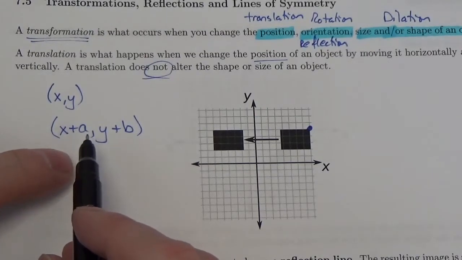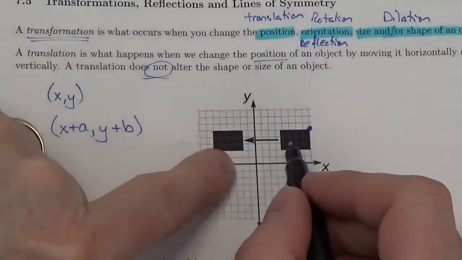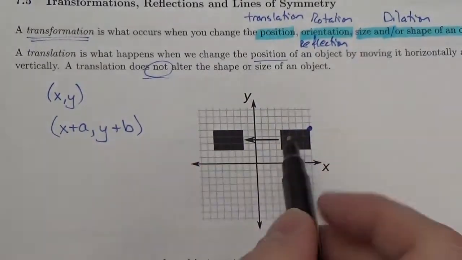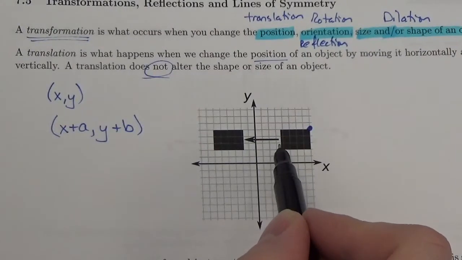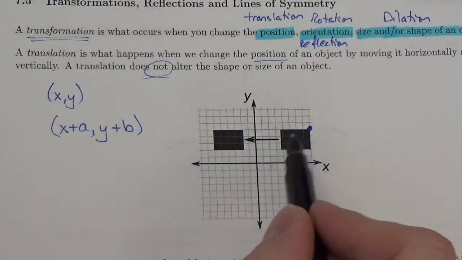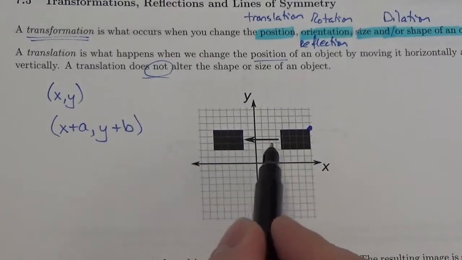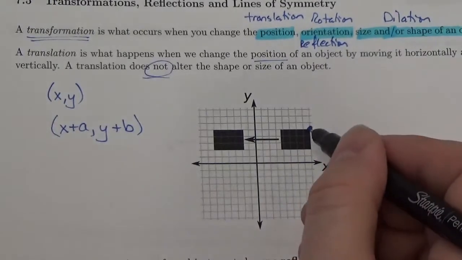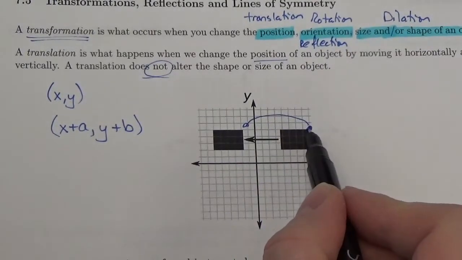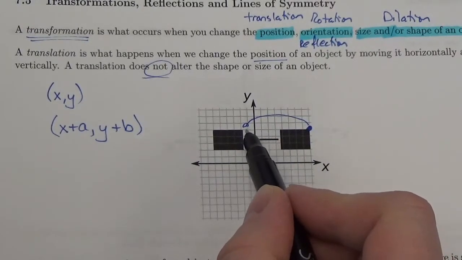Now, bear in mind here, a could be negative. So for example, in this situation, I want to move this piece to here. Notice, if you count out the blocks here, it's not 1, 2, 3, 4, 5, 6. This block didn't move 6 to get here. There's a 6-block gap in between them, but I need this piece to move to here, which means it moved 1, 2, 3, 4, 5, 6, 7, 8, 9, 10.